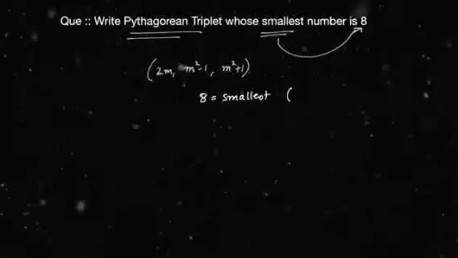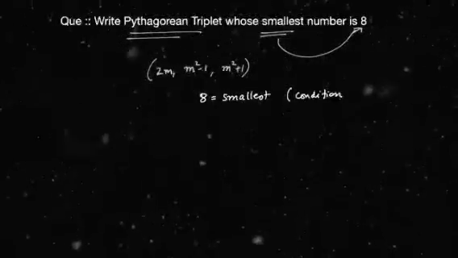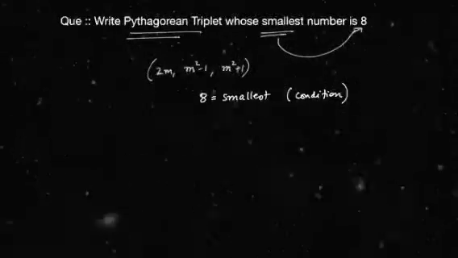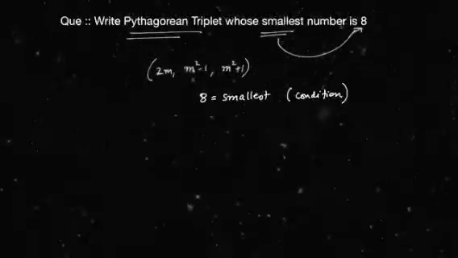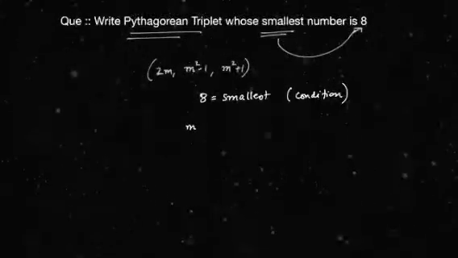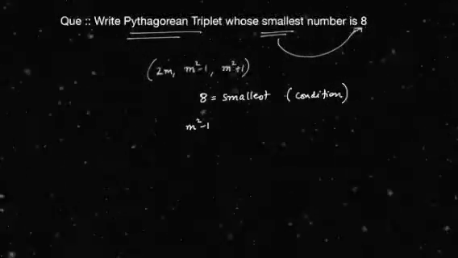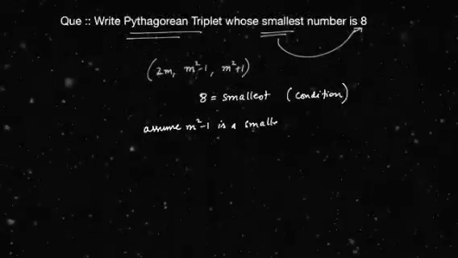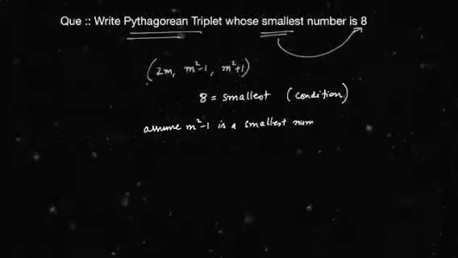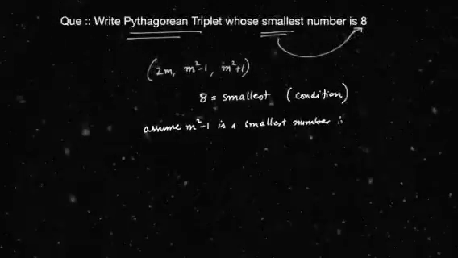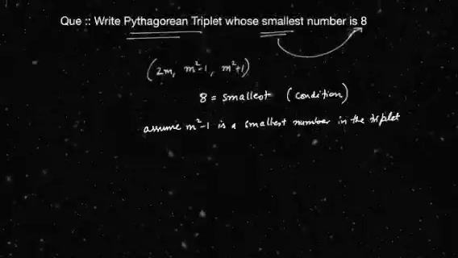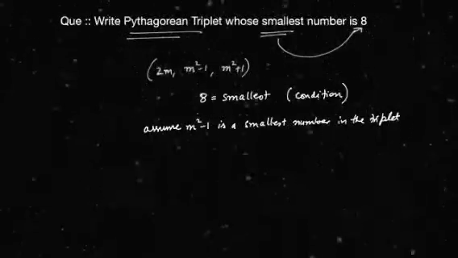Suppose it is a condition, then here we will assume that m square minus 1 is the smallest number in the triplet. As you know, m square plus 1 can be the highest number, and you can assume between 2m or m square minus 1. So here we have taken m square minus 1 first.